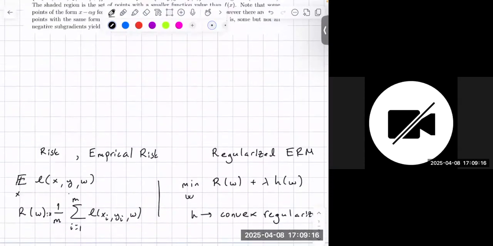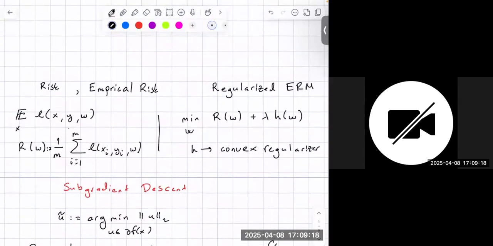Now, before I say more, let me remind you why you even care about this. This kind of thing is actually what you see most of the time. You will have a loss function. You put it on a whole bunch of your data and compare it against your label.